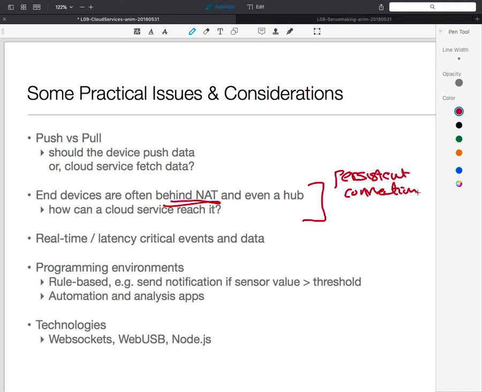Another one which many of these NAT firewalls provide is what is called port forwarding. So the idea is that different devices can be bound to different TCP/IP ports and then listen on those.